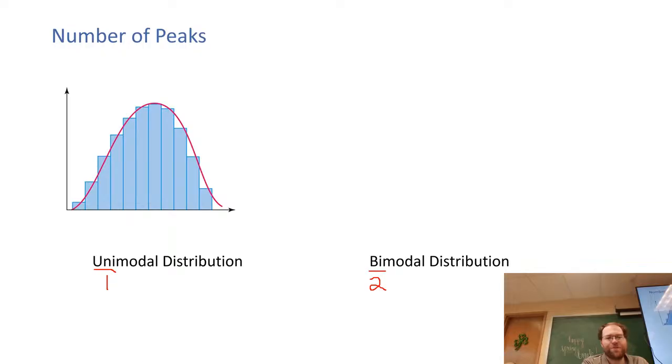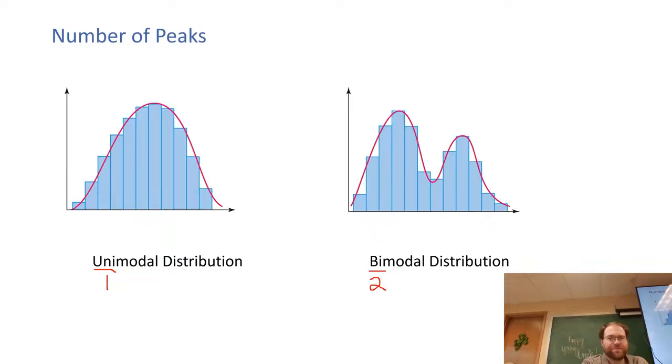So bimodal distribution means you're going to have more than 1 peak, in this case 2. If there's 3 peaks, that's trimodal. 4 would be tetramodal. 5 quinmodal. Whatever the prefix is will determine the number of peaks there are.